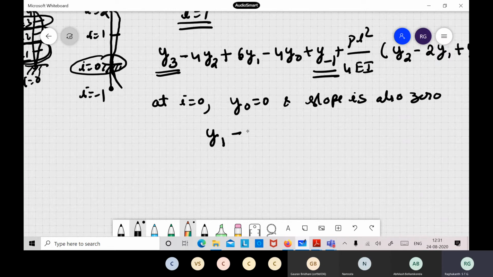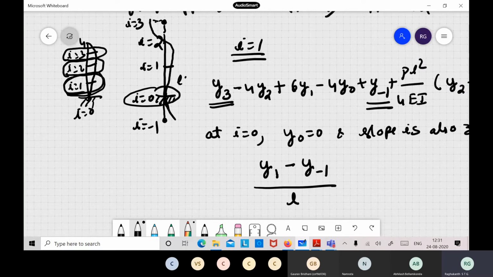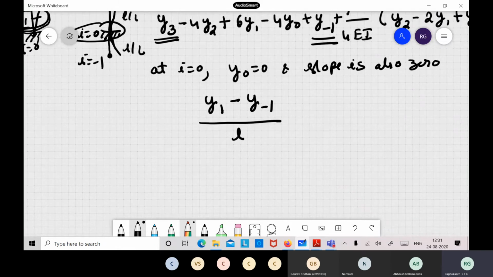So we can write y1 minus y of -1 divided by L, because we have divided into 2 parts, L by 2, L by 2. So we have extended L by 2 and L by 2, so the distance between these two, h, is L itself. So this is equal to 0, which means y1 is the same as y of -1. From this boundary condition we get y1 and y of -1.